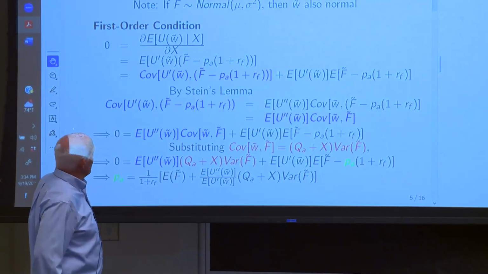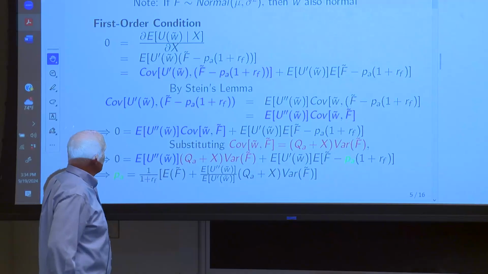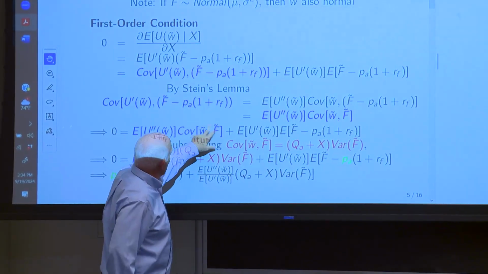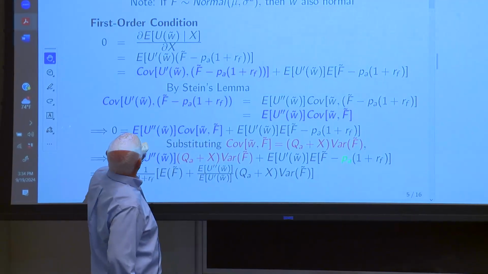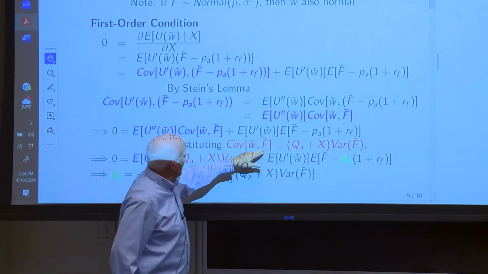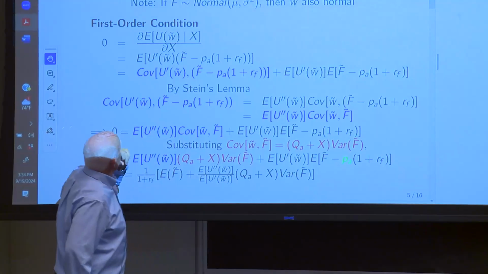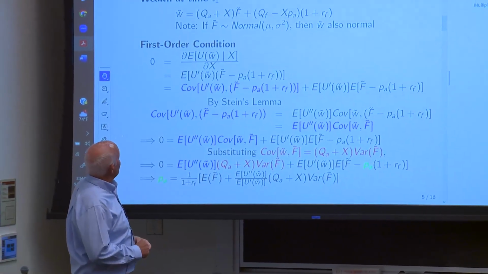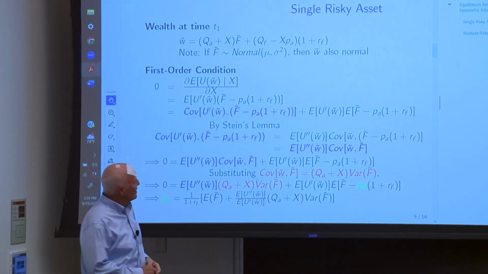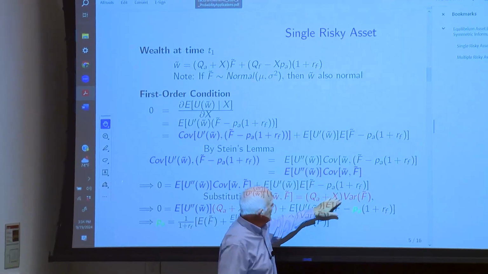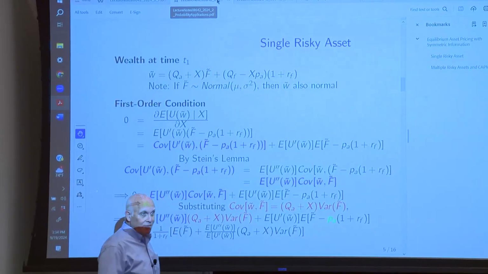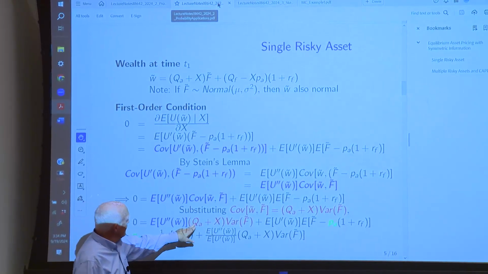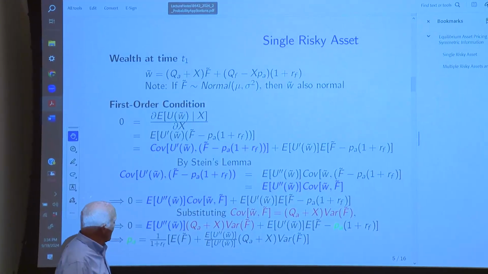Now, with this expression here, we have this covariance of w and f. Well, the covariance between w and f is simply the covariance of f with a multiple of f. So it equals that multiple times the variance of f. And so we plug that in to this covariance term.